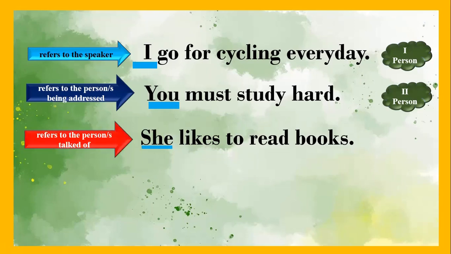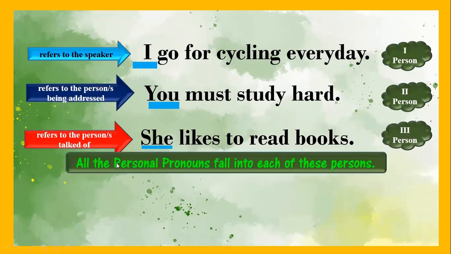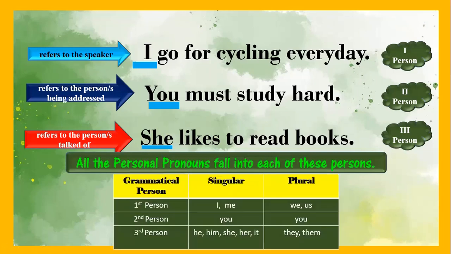So it comes in the third person. So children, we can say that all the 12 personal pronouns fall into each of these three persons. That is the first person, second person, and the third person. Now the same information is provided in this table.